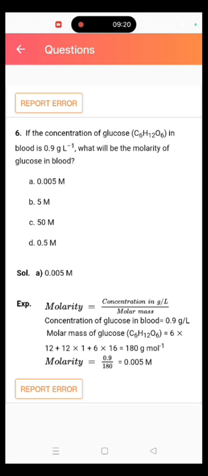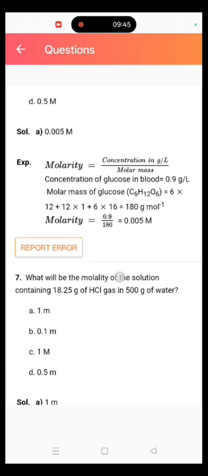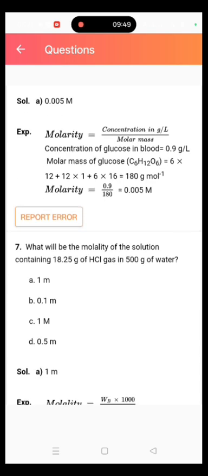So mass by molar mass divided by volume of solution in liter, that is the exact equation. When we consider only mass by volume, that is the concentration that has been given. So that is concentration divided by molar mass. Okay, that is how we got such an equation. Next one, so we will get 0.9 divided by 180, and 0.005 molar solution.